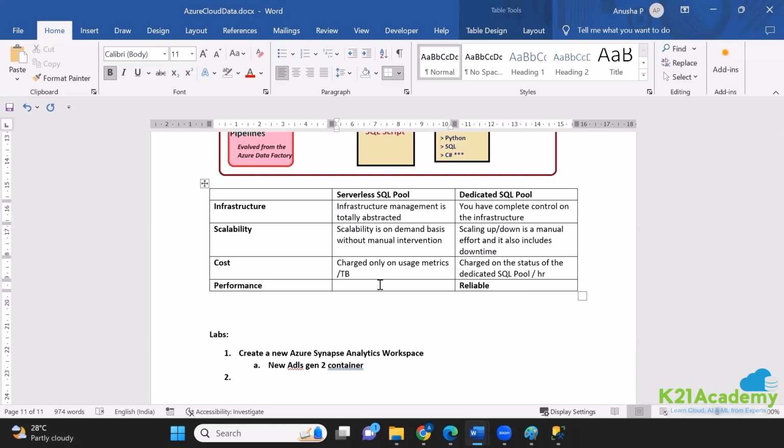You have absolutely no idea whether the resources are available at the point of time that you are asking for them. If resources are available, it will give you immediately. If it is not available, you might have to wait, because ultimately serverless SQL pool is all shared resources, right? So with respect to performance, this is not reliable.